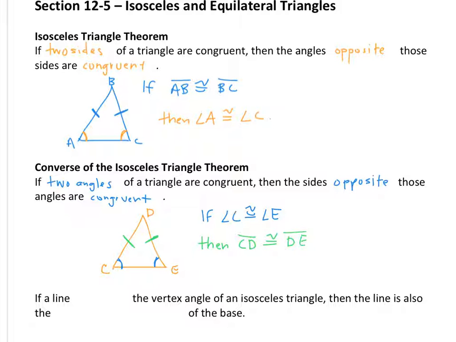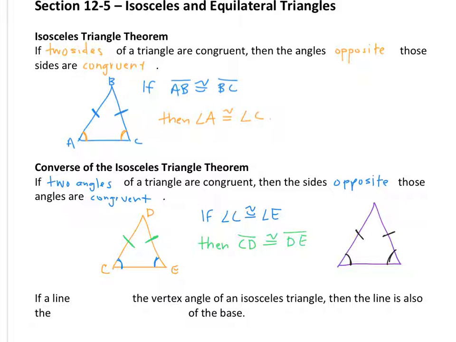All right, and some other parts of these triangles that I just want us to talk about real quick. Let me draw another triangle. Let's say we have this isosceles triangle here. These sides are congruent and these angles are congruent.